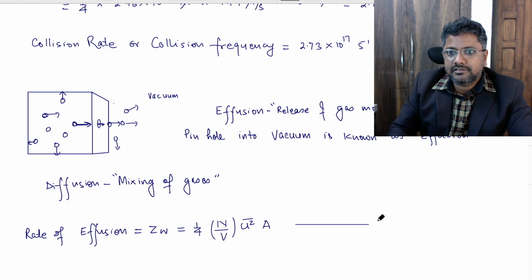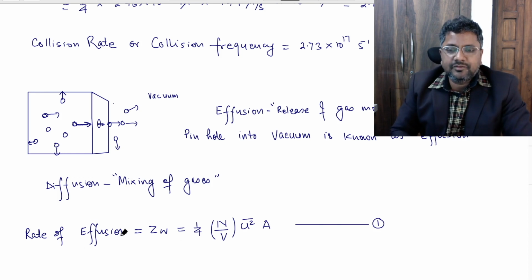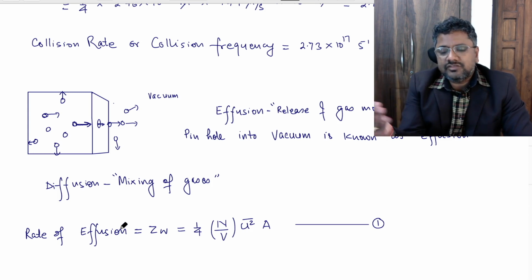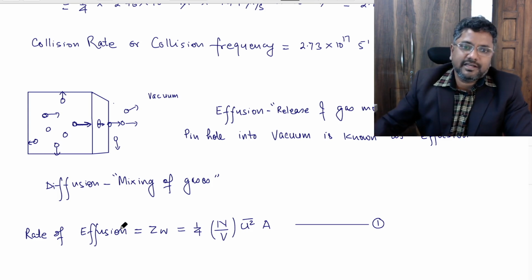This is an important relation. So this is the rate of effusion. The collision rate is also known as diffusion. So this is one of the applications of the kinetic theory of gases.